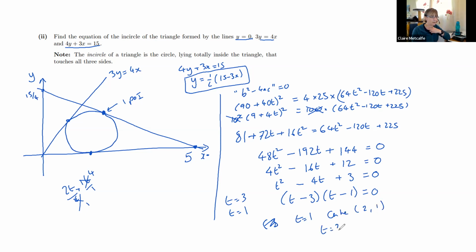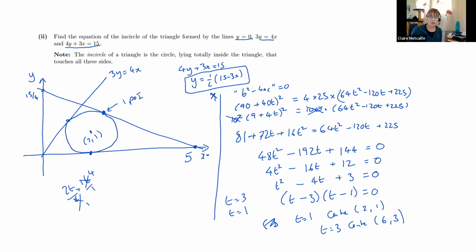If t equals 3, then the center is at 6, 3. So going back to our picture over here, this circle with a center at 6, 3 is one with a center all the way over here-ish. It's a bit hard to see because I've got all this stuff in the way, but I will delete this in a second. But there's another circle over here. This one here is our one with our center at 2, 1.